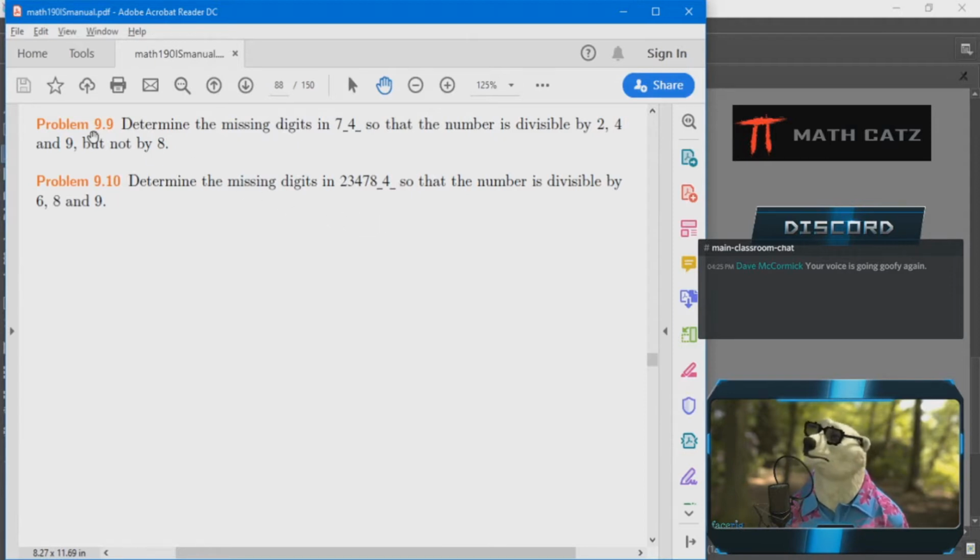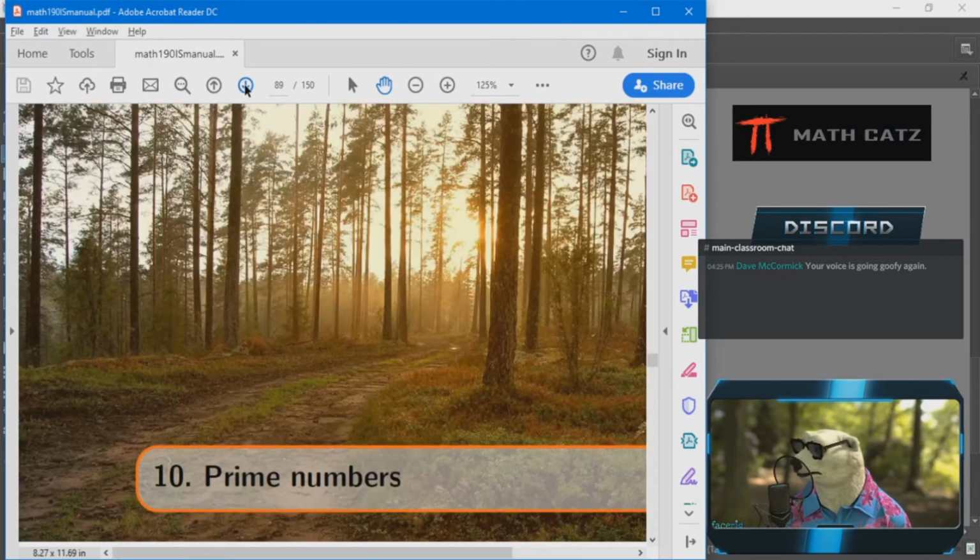You'll see that when you try 9.9, 9.10, it's a big step up, having two digits missing. So you just have to go slowly and list all the possibilities, and systematically you'll reduce it to options that will satisfy all the requirements. But they definitely require a lot more work.